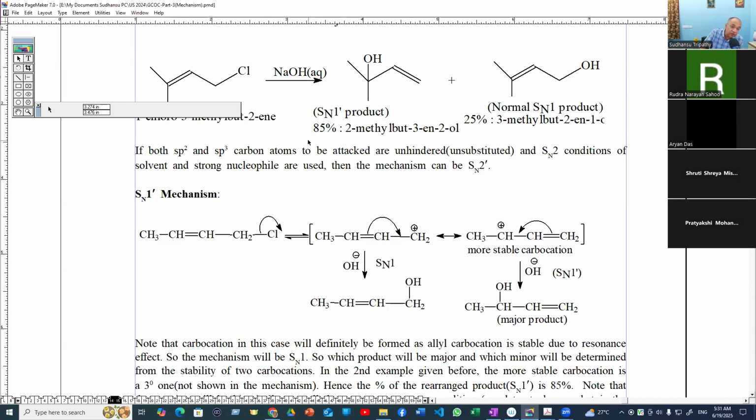So the percentage you see, the kinetically controlled product is 85% as against 15%. I'm sorry, there's a mistake here. 15% of the normal product, as we write normal product, that is the SN1 product, and this is SN1 dash. When there is a rearrangement, it is SN1 dash, conjugate SN.